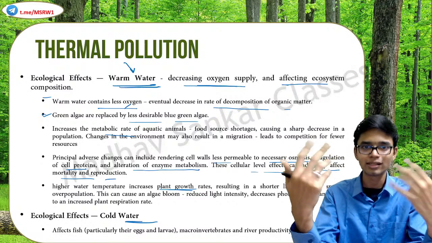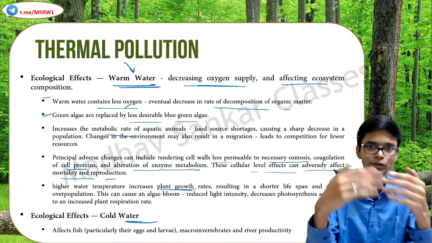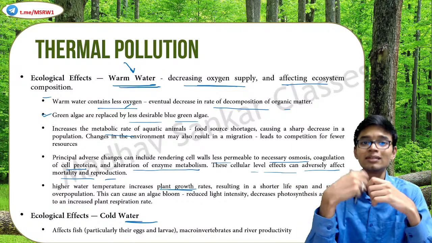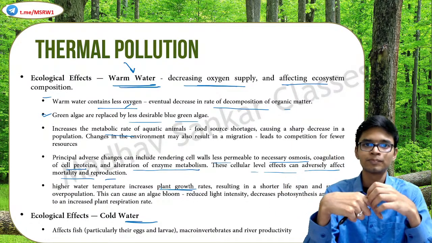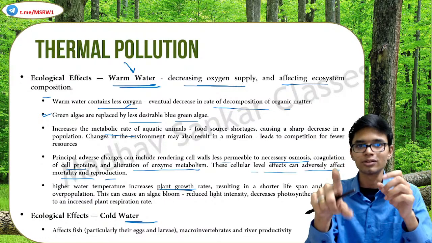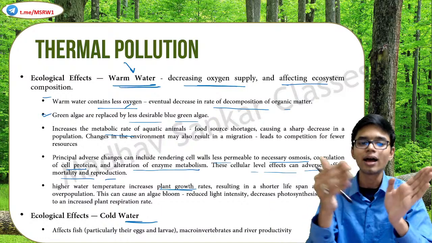More and more new plants will start to come up, and the death rate will not match the birth rate, so the population keeps on increasing. This is how algal blooms occur. One of the reasons why algal blooms occur. Okay, main reason is eutrophication. You know that. Other than that, thermal pollution can also cause algal blooms.